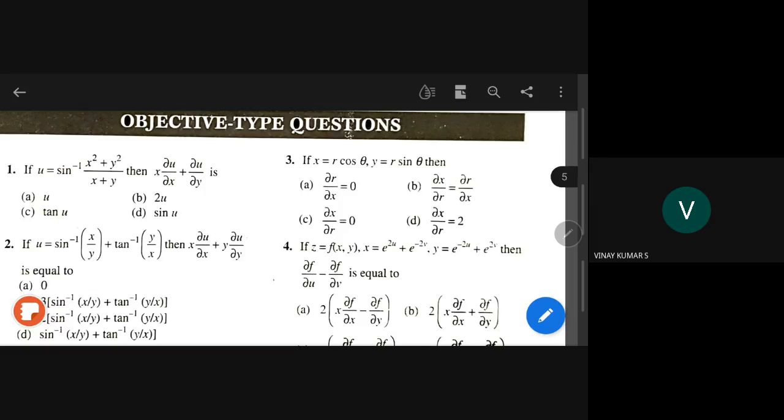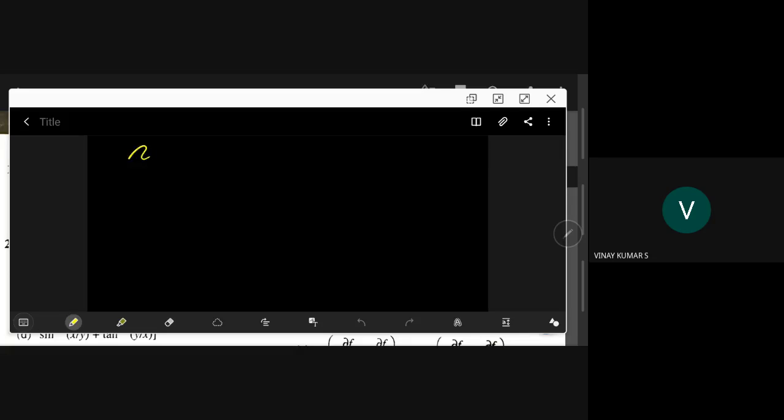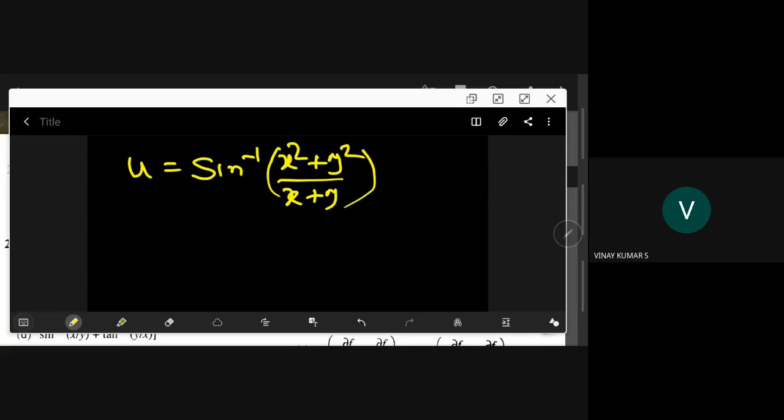So it is given that u is equal to sine inverse of (x square plus y square) by (x plus y). And what we need to calculate? x u subscript x, that is ∂u/∂x, plus y u subscript y, that is ∂u/∂y. What is he asking for?